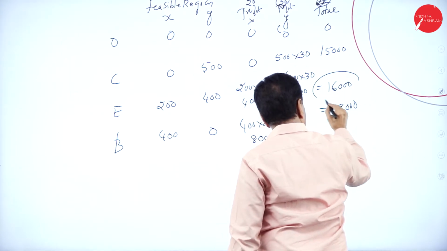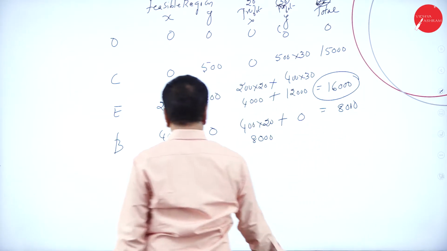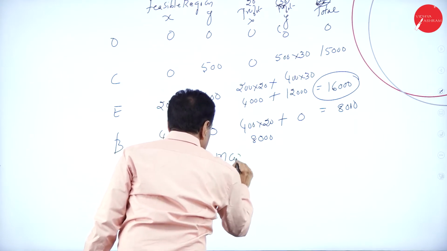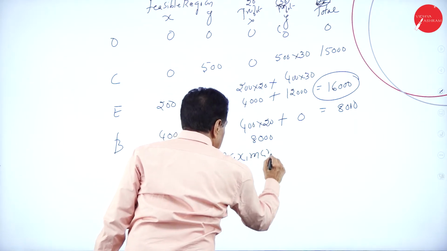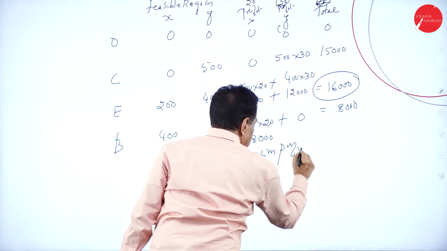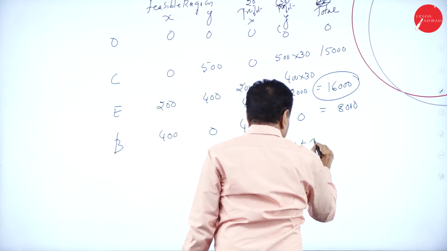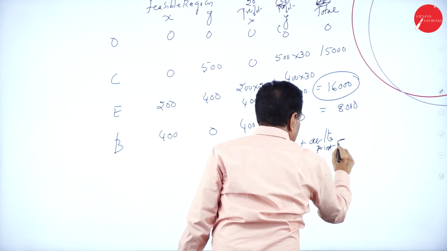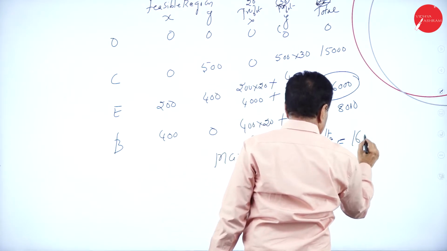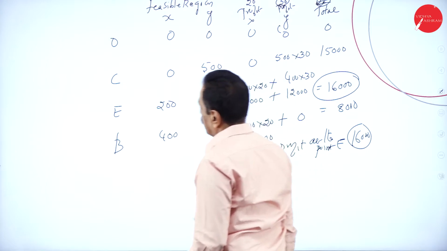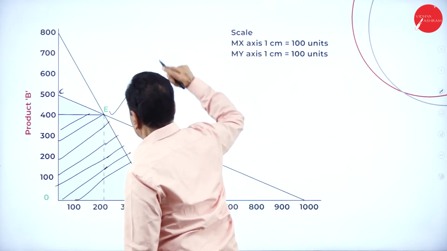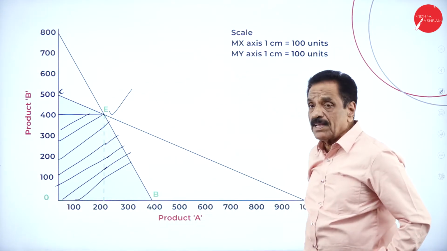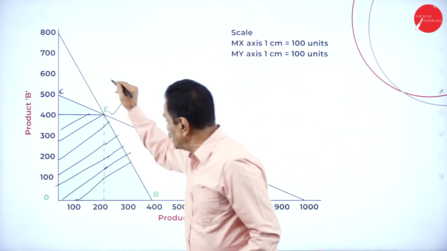So maximum profit is at the point E. Maximum profit at the point E, 16,000. So this is maximum profit. We can arrive at this. Hope you understand this.